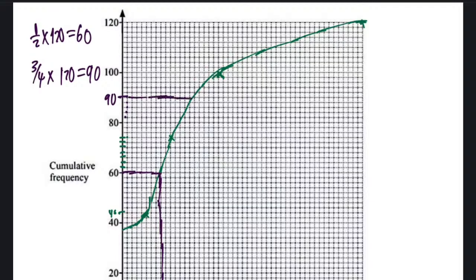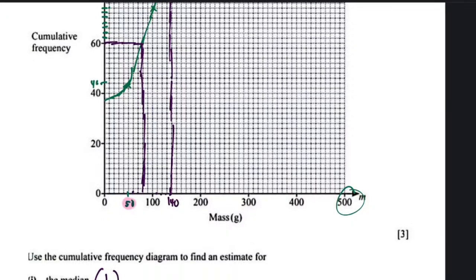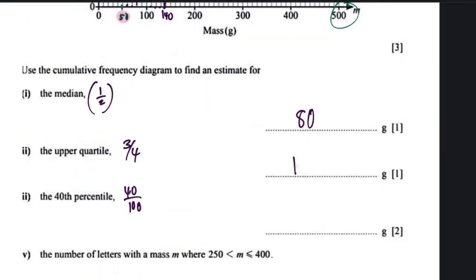We move, it hits the curve. We go down with the curve. So it's going to be here. This is 120 or 110, 120, 130, 140. So this is 140. So anyway, this is going to be 140 grams as the upper quartile.